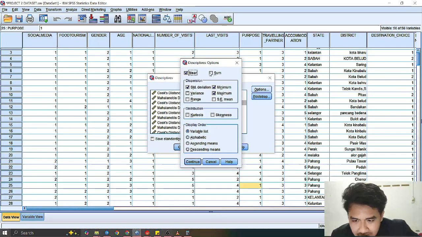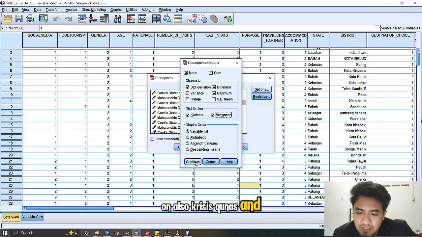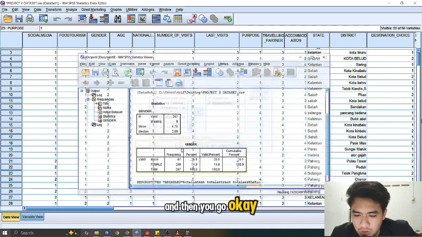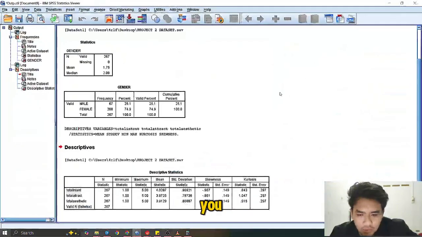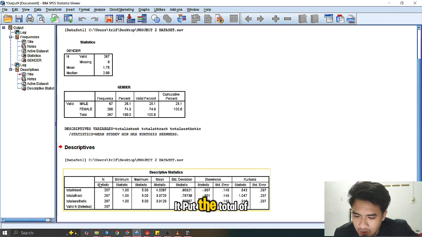Go to Options, click mean, standard deviation, minimum, maximum, and also kurtosis and skewness, and then Continue, and then you go OK. Here it will give you all the descriptive information about the variables that you put, which shows the total of respondents, 267 for all the variables.